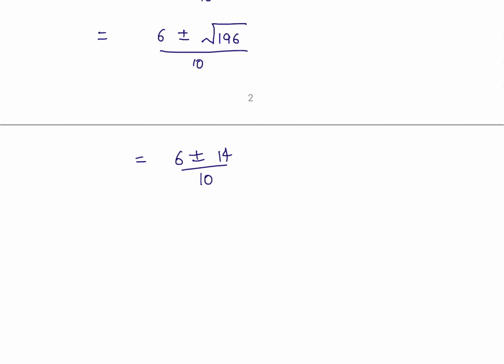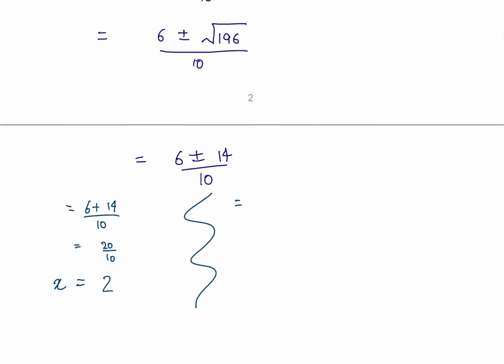Now again, we have two values of x. So let's do our first value of x, which is 6 plus 14 divided by 10, which gives us 20 over 10, which makes x equal to 2. So our first value of x is 2.